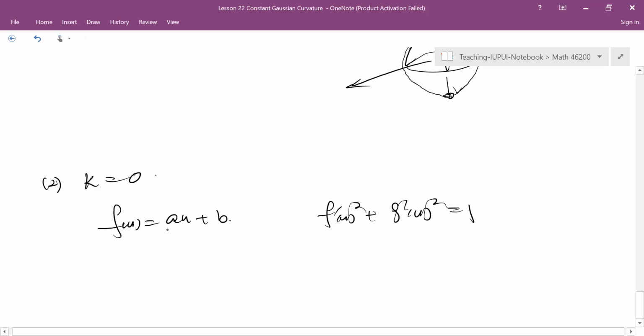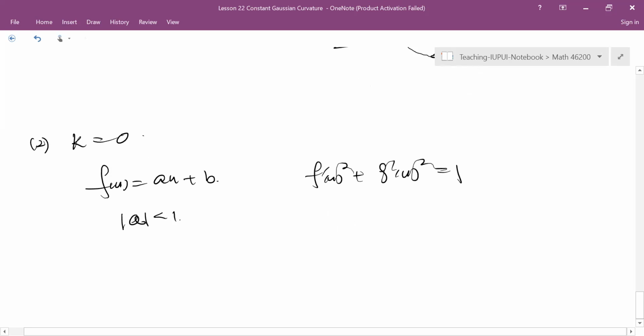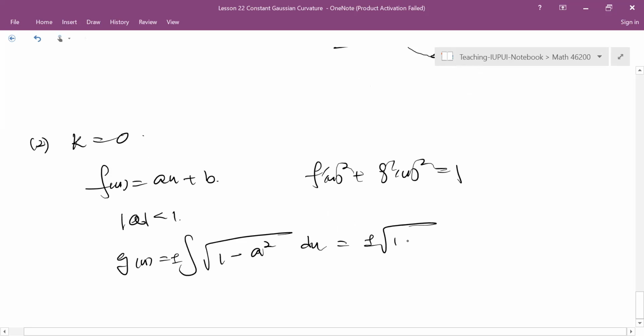So here, a square cannot be larger than 1. Okay, right? So the trivial case here, we assume that the absolute value of a is less than 1. Okay, and I can find g of u. So g of u is plus or minus the integral of the square root of 1 minus f prime u square du, plus a constant c.